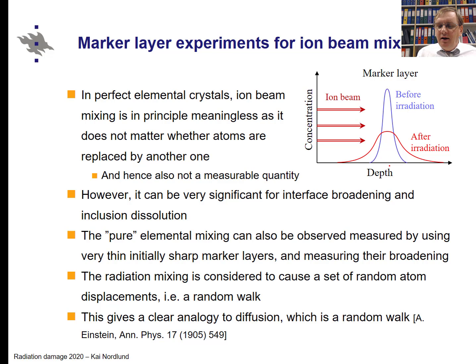And then you irradiate it, and then because of the ion beam mixing, this material in the marker layer will broaden quite significantly. And then you can measure this marker layer broadening, for instance, with Rutherford backscattering or elastic recoil detection analysis or some other ion beam method.